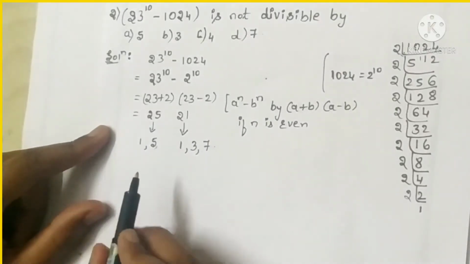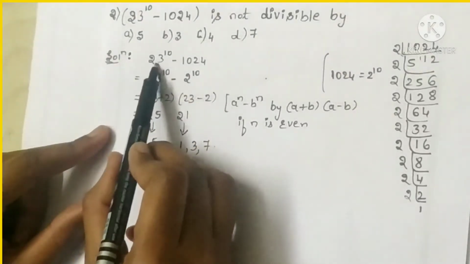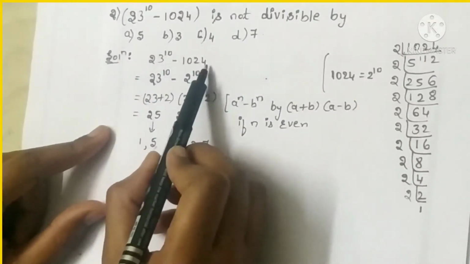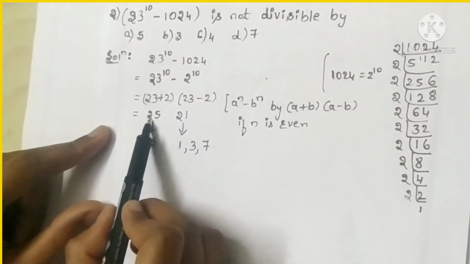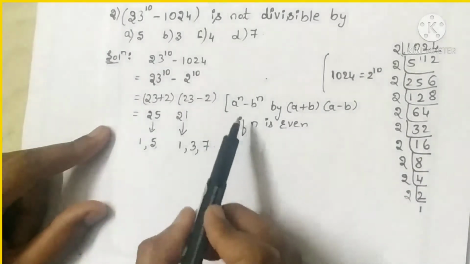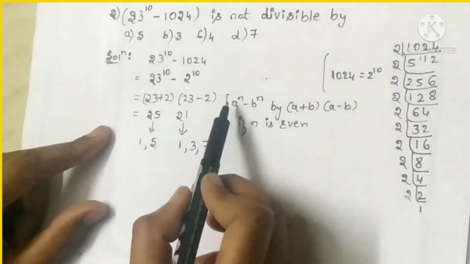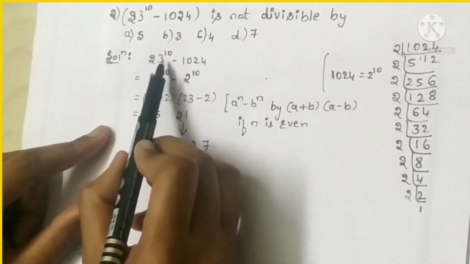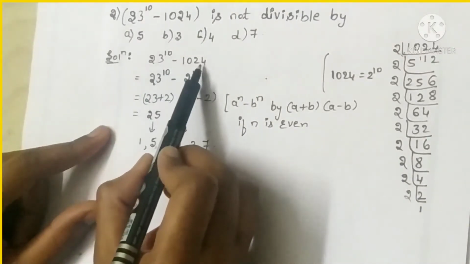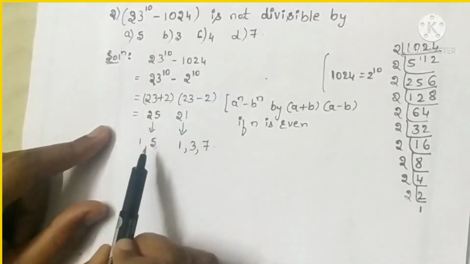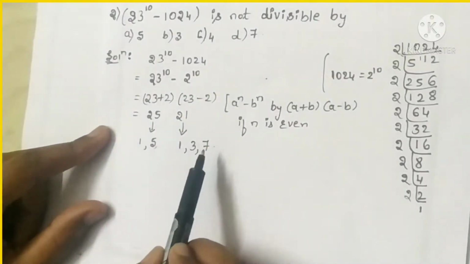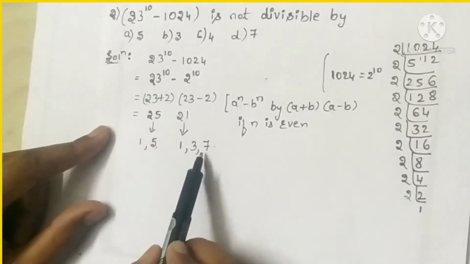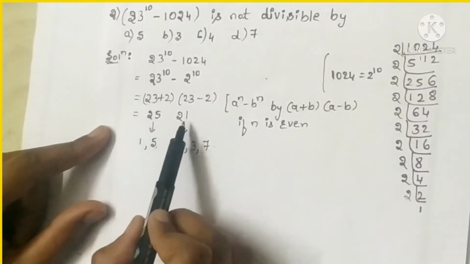Now if you observe this, 23 to the power of 10 minus 1024 is divisible by 25 and 21 according to this rule. Similarly, 23 to the power of 10 minus 1024 is divisible by 1, 5, 3, 7, because these 1, 5, 3, 7 are the factors of 25 and 21.